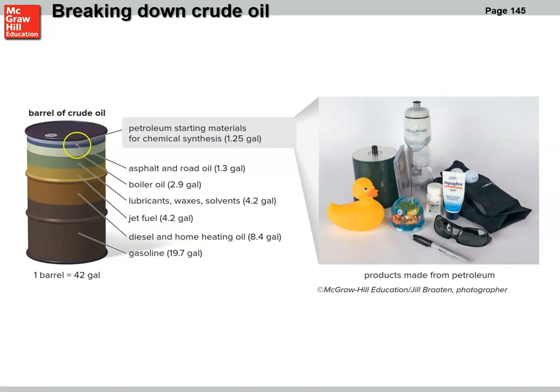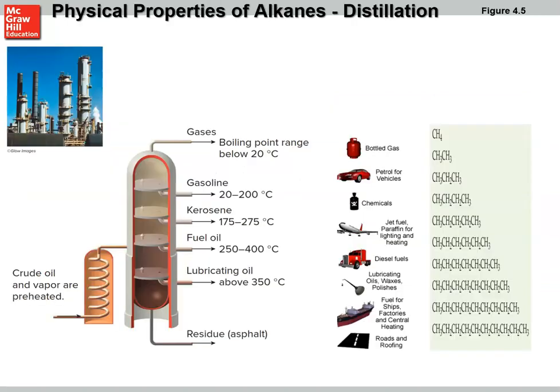And then you can see that petroleum chemical synthesis reagents and plastics are made out of just a little bit of that. So you can see here all of the uses for that crude oil breakdown and where it's coming from and why we want to break those down. And the way that we get that is through this distillation process and separating those out so we can have different uses for those different components and different lengths of carbon.